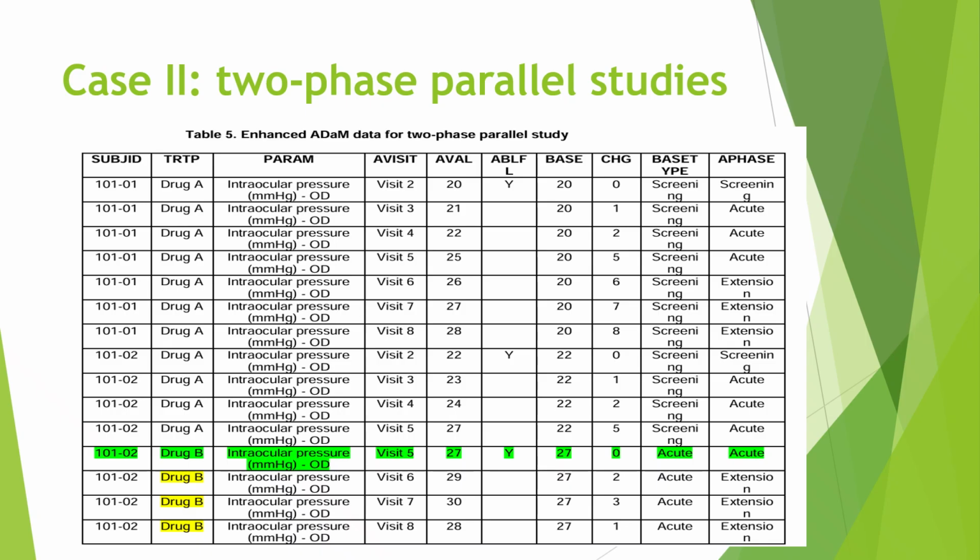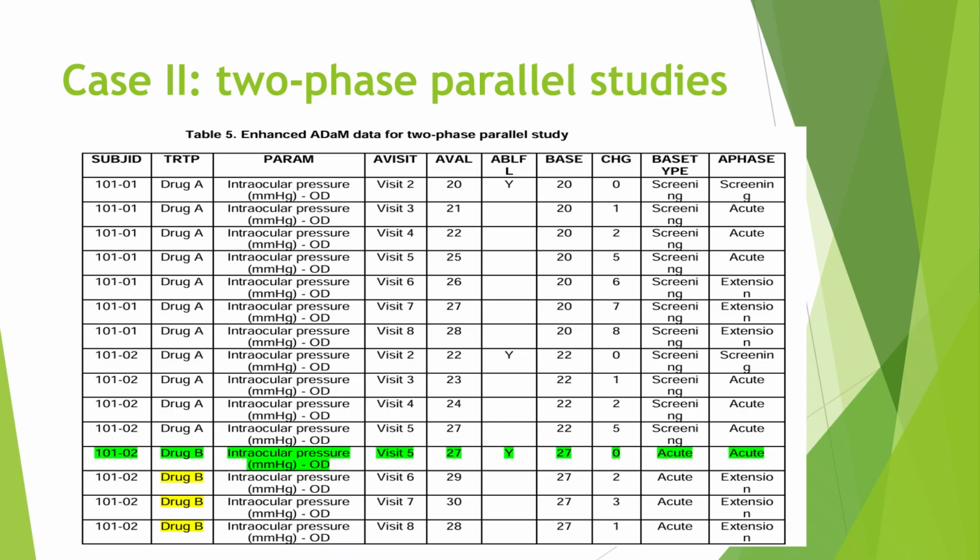So in this example, for subject 10101, who took the same drug in acute and extension phase, there is only one set of records with the base type value equal to screening for all the records. Whereas for the second subject, subject 10102, who took different drugs in acute and extension phase, there are two sets of records that can be distinguished by the base type value. Only one new record has been created per subject per parameter in this case.